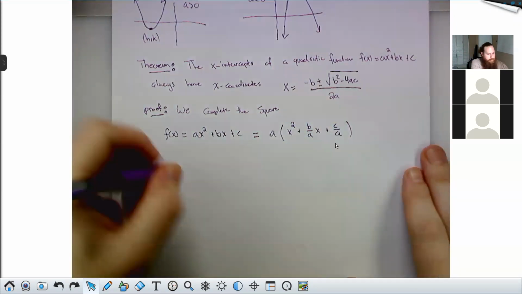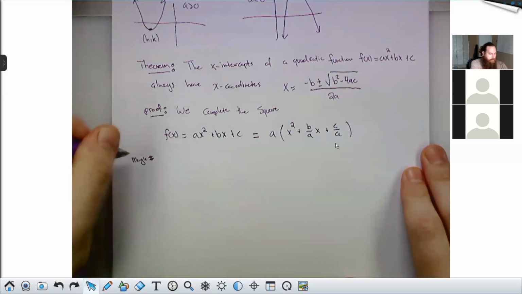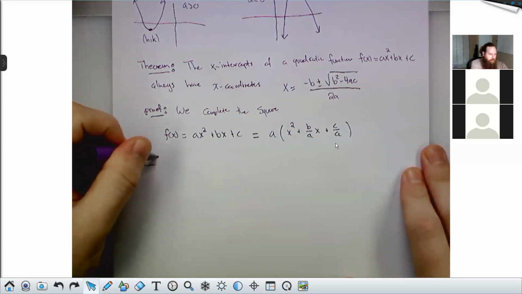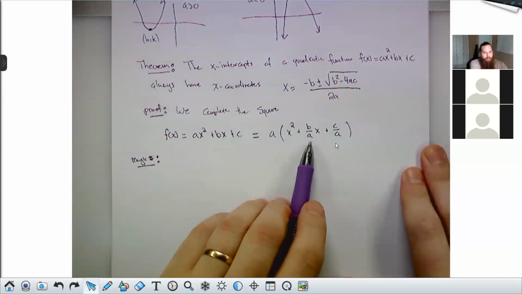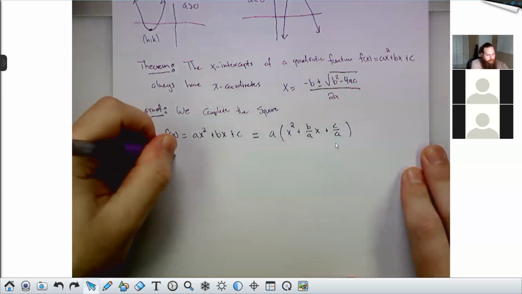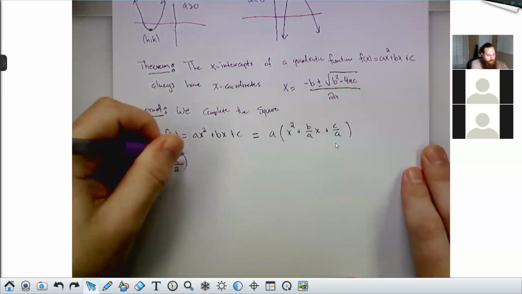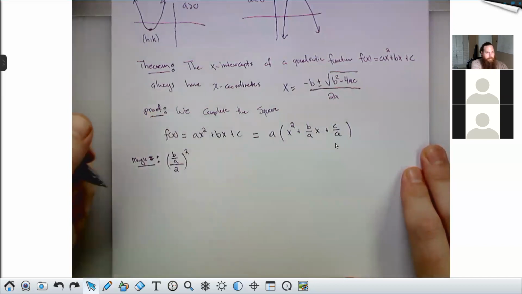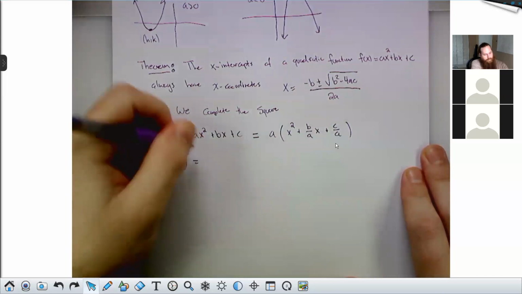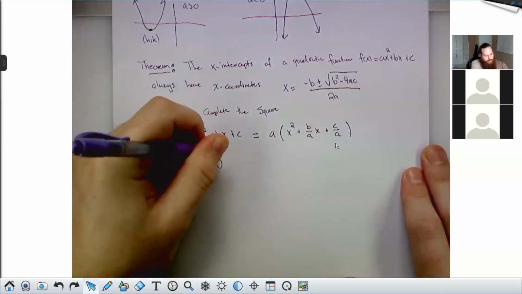Now I compute my magic number. I know that this means hashtag to you guys now, but it used to mean number. You take this guy, divide him by 2, and then square it. So that's b over a, all divided by 2, squared. That's b over 2a squared.